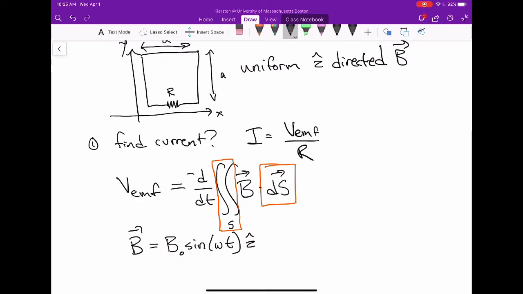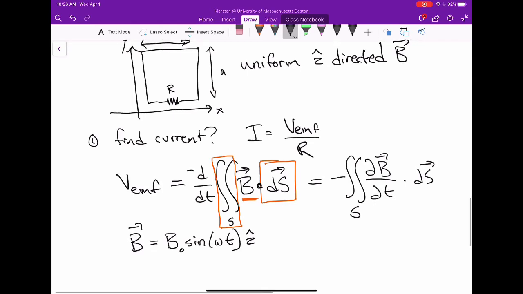The only part that is going to change is B. So we can rewrite this integral as minus the surface integral over that surface, excuse me, that should be a partial, of the time derivative of the magnetic field dot ds. And then we can start substituting in the values for these things.